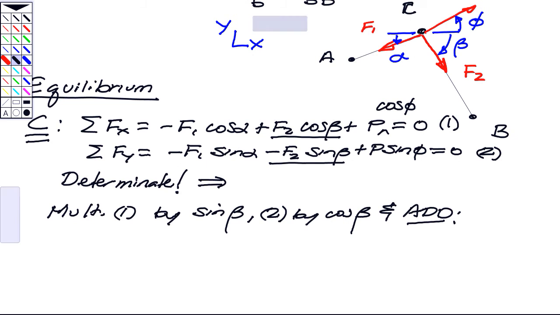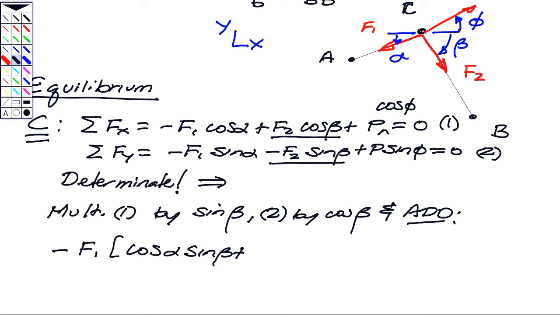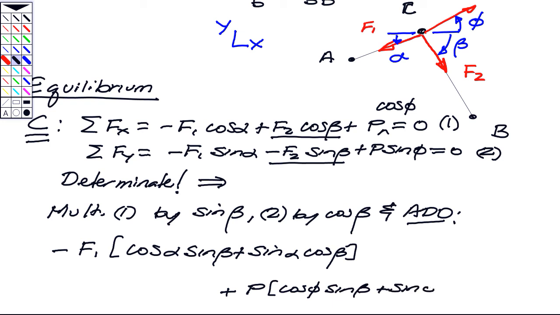What we're left with is going to be minus F1 times the quantity cosine alpha sine beta plus sine alpha cosine beta. And then we have P times cosine phi sine beta plus sine phi cosine beta.